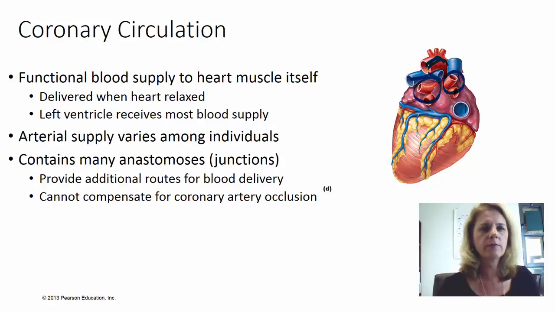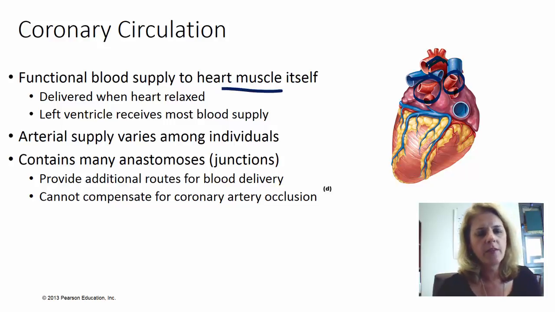These are the large vessels taking blood to and from the pulmonary circuit and the systemic circuit. Those don't actually nourish the heart themselves, and the heart is a muscle, so it needs its own blood. Coronary circulation is the actual arteries and veins that take blood to and from the heart muscle itself.